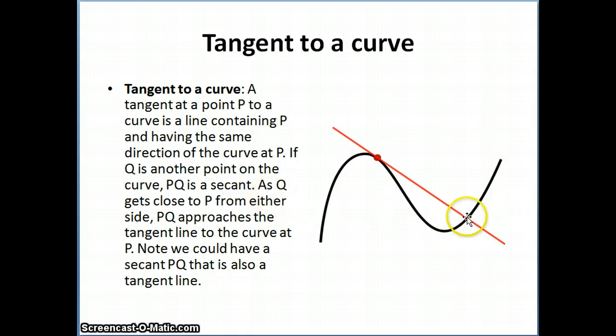If I move this point Q, so this red dot here is P, the fixed point, and this one I can move on the curve, then the red line segment will also move, and as Q gets closer and closer to P from either side, PQ approaches the tangent line to the curve at P.